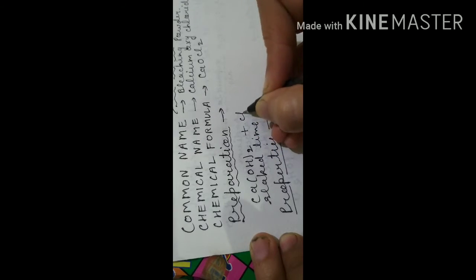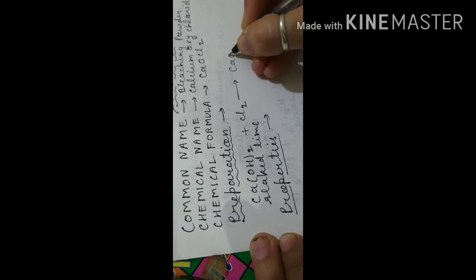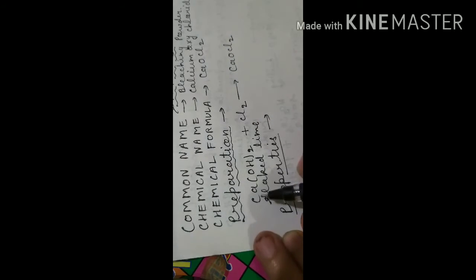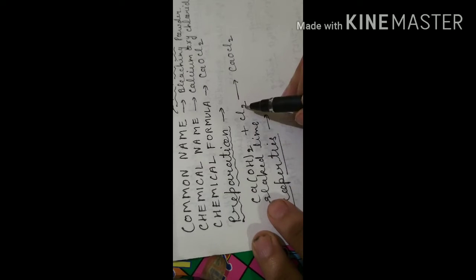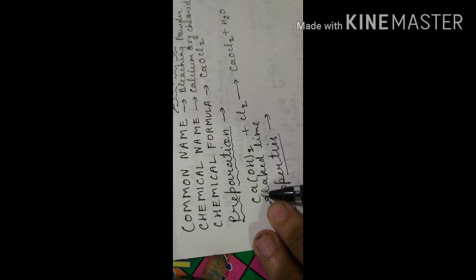So let us talk about its preparation, how it is prepared. First of all, we have to take slaked lime, Ca(OH)2, okay? I am writing its name here. This is slaked lime, and when chlorine gas is passed into it, then calcium oxychloride is formed, as well as H2O comes out, okay?